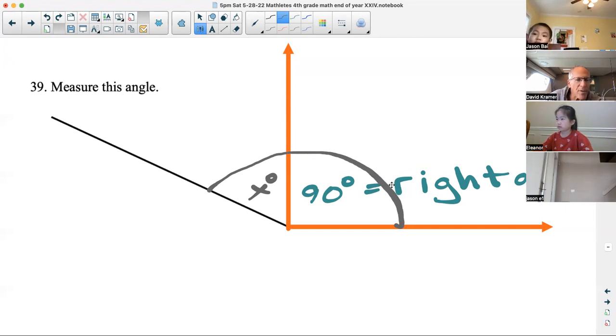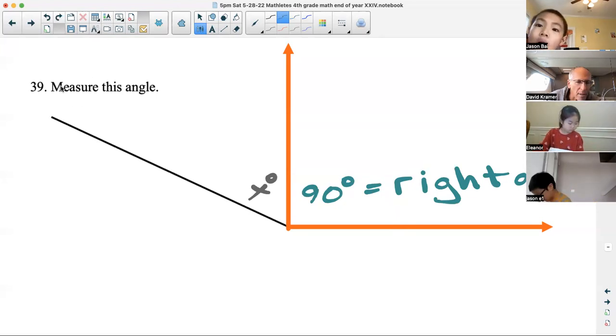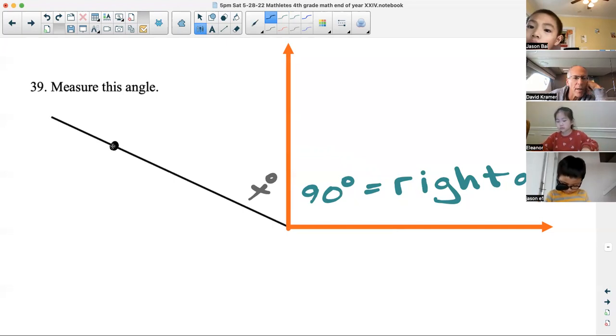Or I could just measure the whole angle. Would you guys like to see me do it? Yes. Okay, here we go. I'm going to bring a protractor and we're going to figure out the total measurement. I'm going to draw this right now.